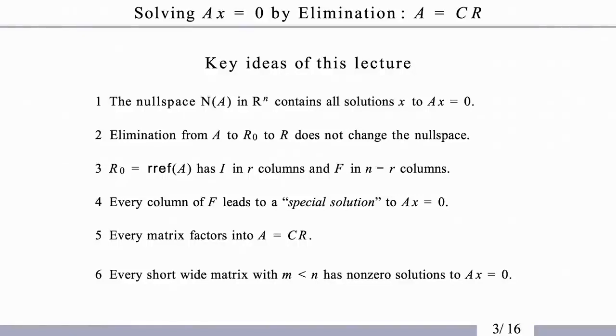We'll see a matrix F. And the new idea was to factor the matrix into a column matrix C times a row matrix R. So this is really putting all the ideas together. And we learned that if a matrix is short and wide, if we've got lots of columns, then some of them will be dependent, and that means that there'll be solutions to AX equals 0.